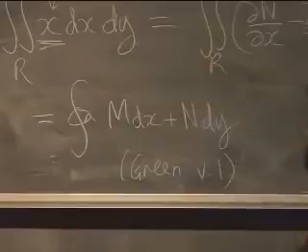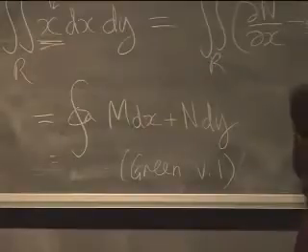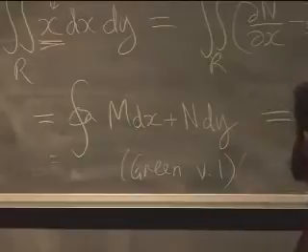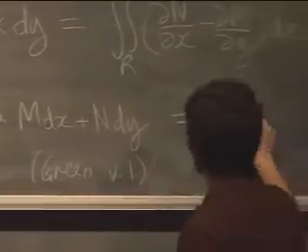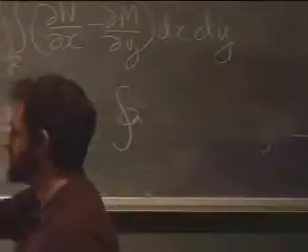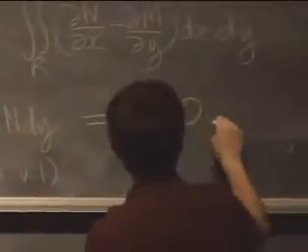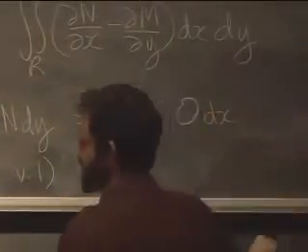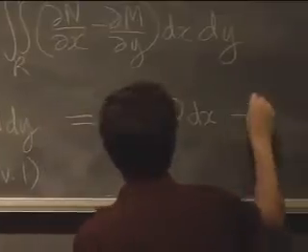This is not the flux version. This is the circulation version. All right, so that's Green. Now this equals, in our case, we decided that M would be 0 and that N would be a half x squared.